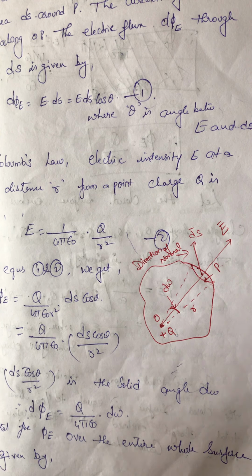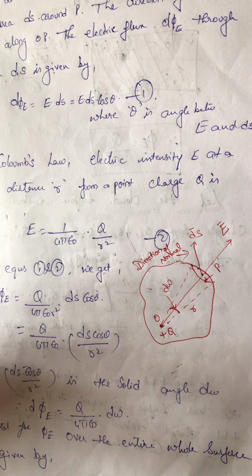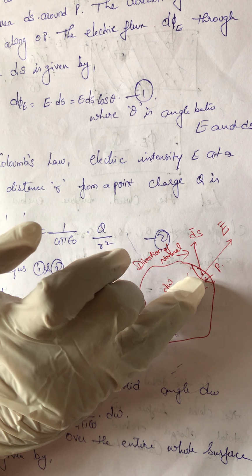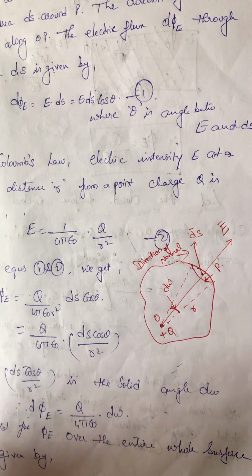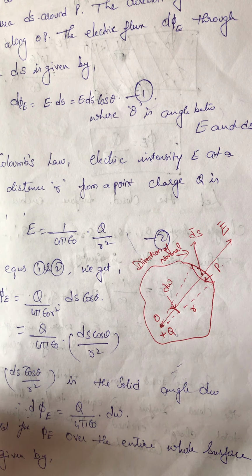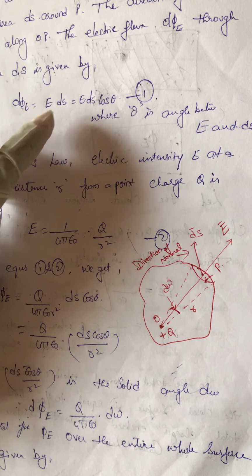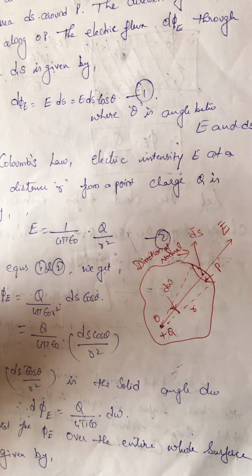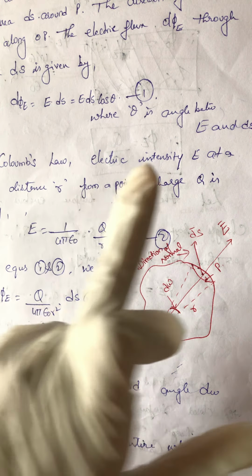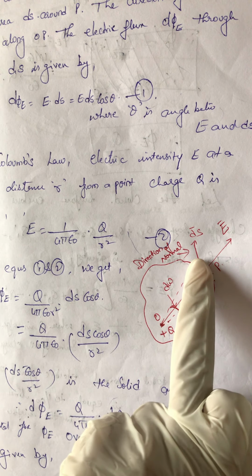Now d phi E, why have we taken d phi suffix E? For a small surface we are going to calculate, and after total integration we will get the total electric flux. So d phi E equals E dot dS cos theta. Theta is the angle between E and dS. This is E, this is dS.